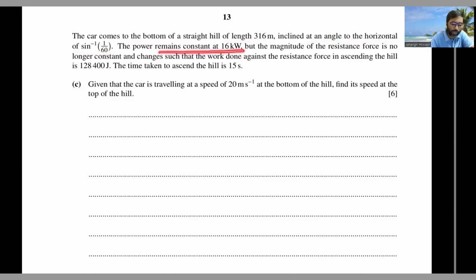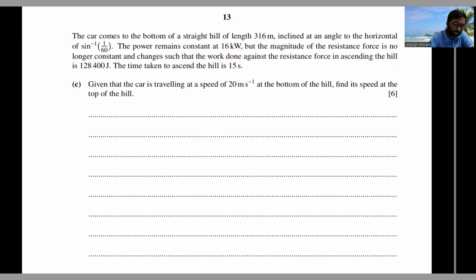Power remains constant at 16 kilowatts, but the magnitude of the resistance force is no longer constant and changes such that the work against the resistance force ascending the hill is 128,400 joules. The time taken to ascend the hill is 15 seconds. The distance is 316. Given that the car is traveling at a speed of 20 meters per second at the bottom of the hill, find its speed at the top of the hill.